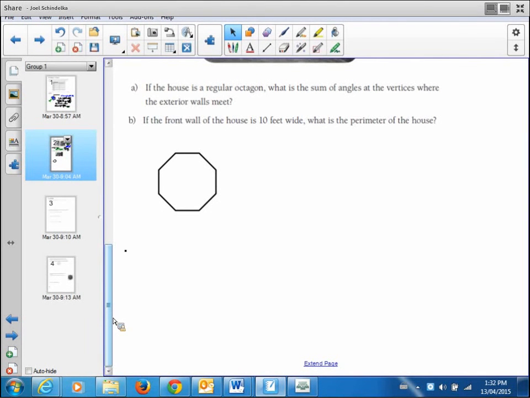Exterior walls meet, well, there's 8 walls here. How do you find this angle here? And then, what is the sum of all 8 of those angles? This one here plus this one.